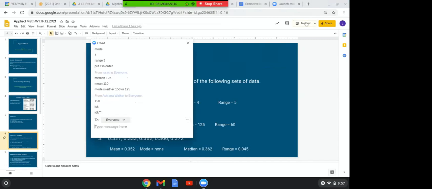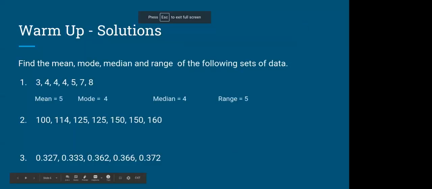Is the mode one or two? Wait, it could be two modes. Yes, it can. Then there's 125 and 150. Yes, exactly. But I'm going to differ on that mean.